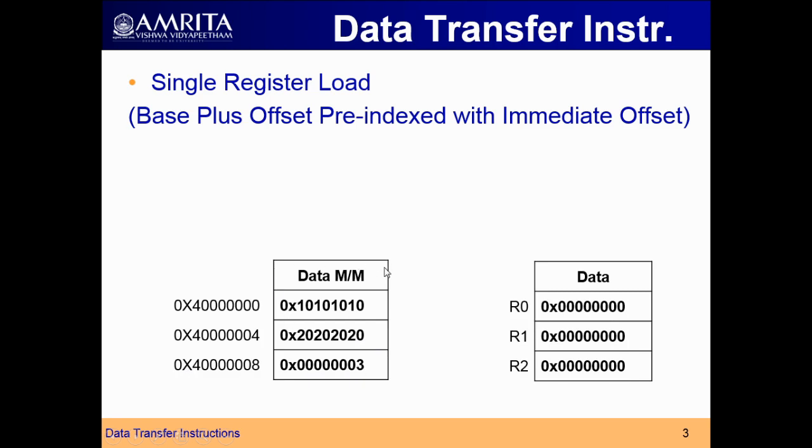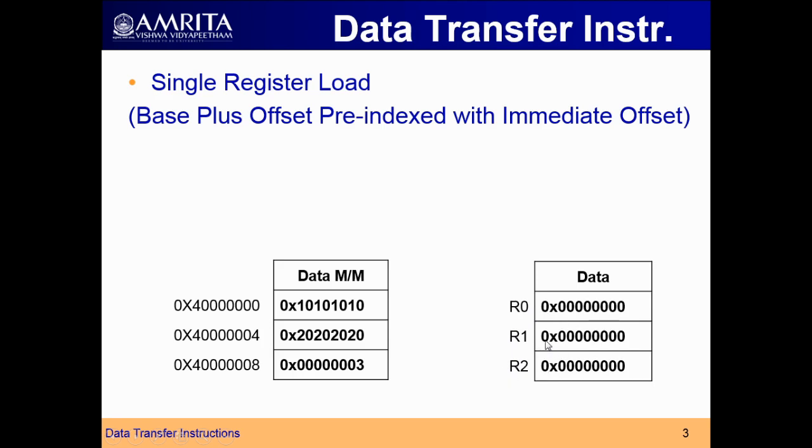So here you can see that this is the data memory. These are the address locations corresponding to each location in the data memory, and this is the data stored in the corresponding memory locations. Similarly, here you can see three registers. In this example, I am using one or two registers, but for the time being I am taking three registers, R0, R1 and R2.